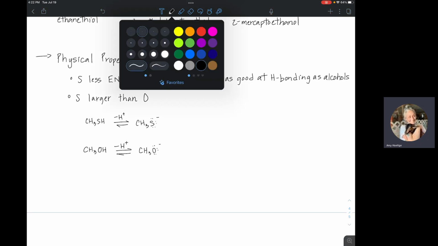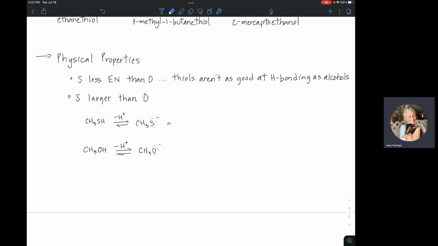Let me say that again. This will be more stable. This will be less stable. If the thiolate ion is more stable than the methoxide ion, then the thiol was more acidic, or easier to deprotonate. You made a more stable compound.